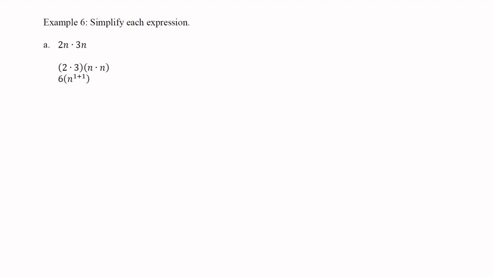And then n times n has the same base, and if there's no power, it's understood to be 1. So we can do n to the first times n to the first as n to the 1 plus 1. If we add those 2 powers together, we get squared. So 6n squared. And it makes sense, right? N times n should give you n squared, just as 2 times 2 gives you 2 squared.